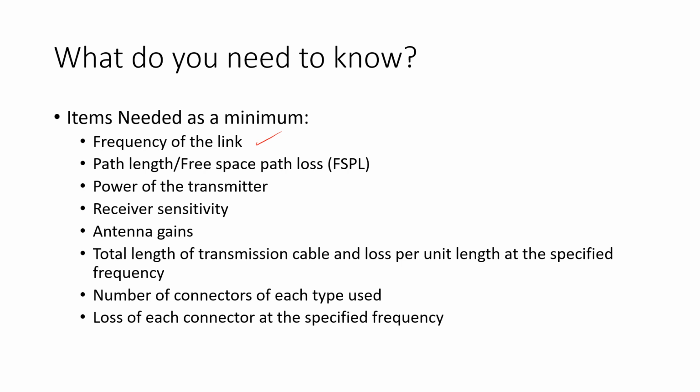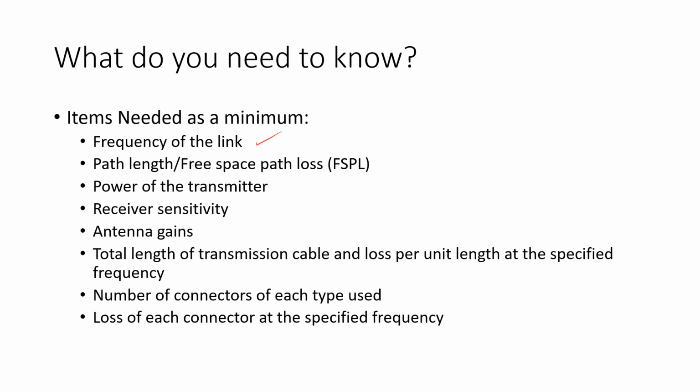We need to be able to specify the types of antennas that we want. If we've got a long distance link, and 1 kilometer is a fairly long distance, we need a directional antenna, and we need to understand the antenna gains.